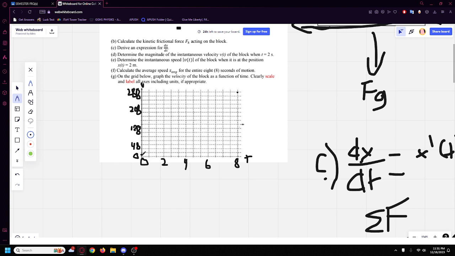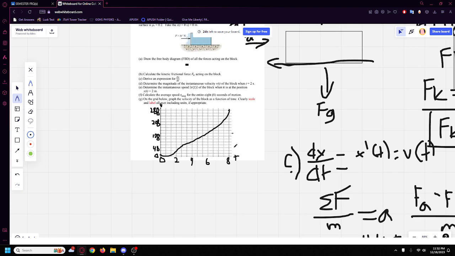And then it slowly decreases, and then it starts increasing, and it should end up like around like this. And that's FRQ number 10.